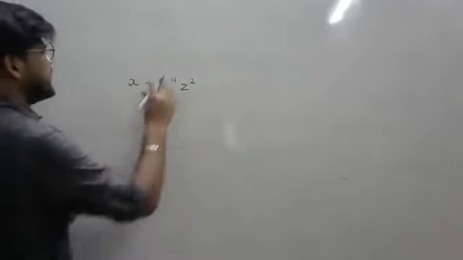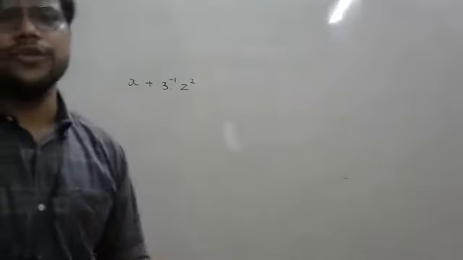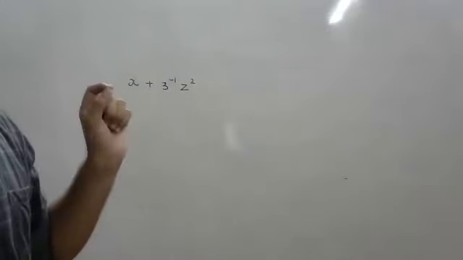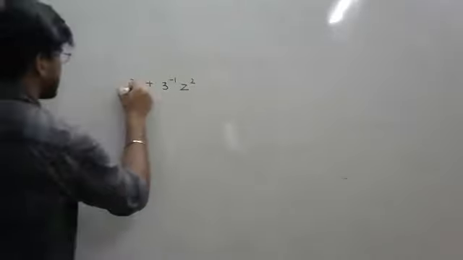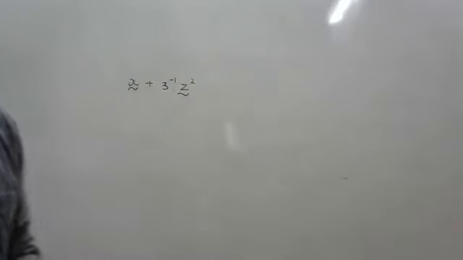Here, I'll write this as 3, just so that there is no confusion. Is it a polynomial or not? Now understand. The condition is power of variable should be whole number. Here we have two variables, x and z. 3 is not a variable, 3 is a number.